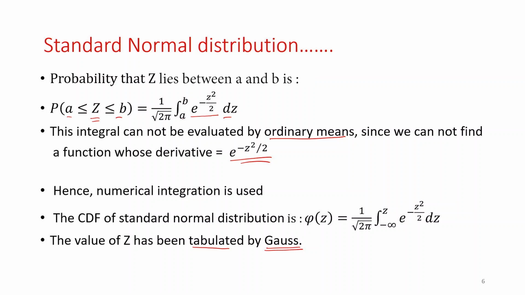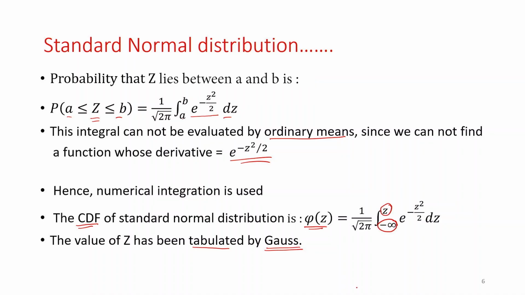The term CDF means cumulative distribution function. So one is the probability density function, the other one is the cumulative distribution function, where Φ(z) means that the integration limit, you have to only check, is minus infinity to z.